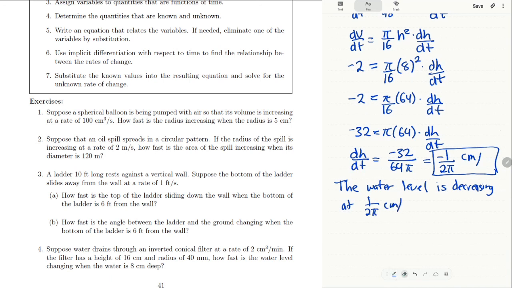The units are measured in minutes, so that is centimeters per minute, when the water level is 8 centimeters.